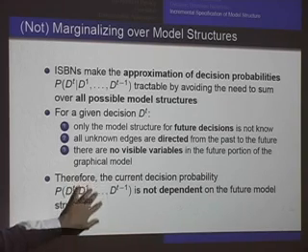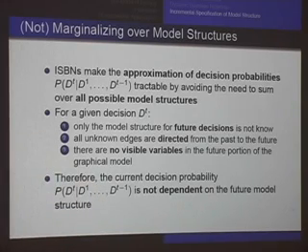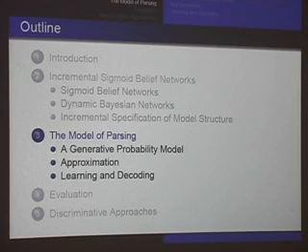So all that future model structure is just irrelevant. We can ignore it. We don't even have to think of what it looks like, and therefore we don't have to marginalize over all possible model structures. Now I'll show how this can be applied to parsing, and then once we see that, we can talk about approximations.